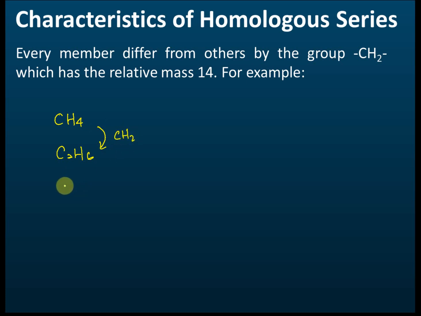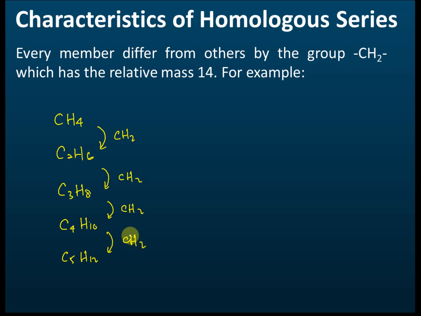The third alkane is C3H8, so the difference is also a CH2. The fourth alkane is C4H10, the difference is CH2. And the fifth alkane is C5H12, the difference is also CH2.